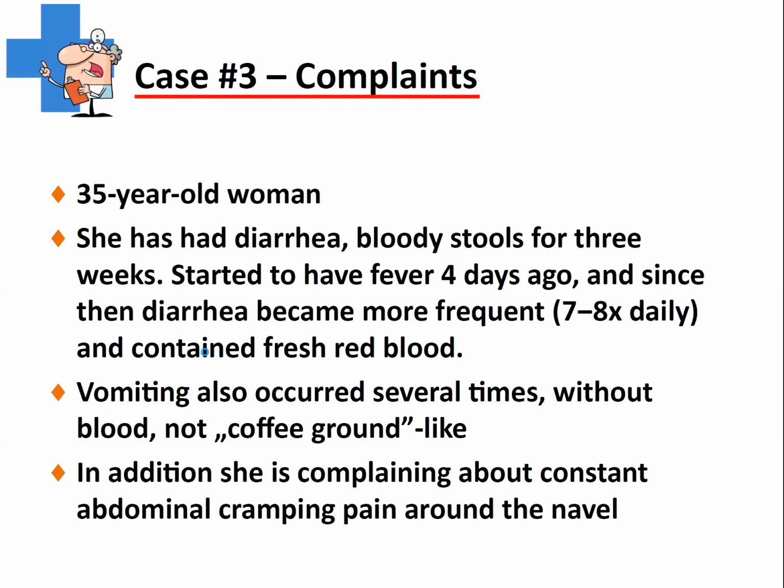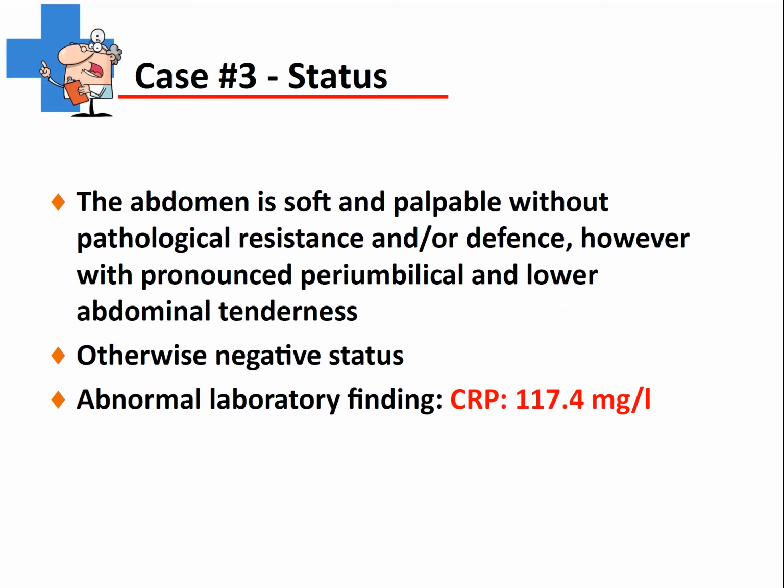In addition, she is complaining about constant abdominal cramping pain around the navel, and the abdomen is soft, palpable, without pathological resistance or defense. However, there is pronounced periumbilical and lower abdominal tenderness, otherwise negative status, and look at the CRP level, it is very, very high.